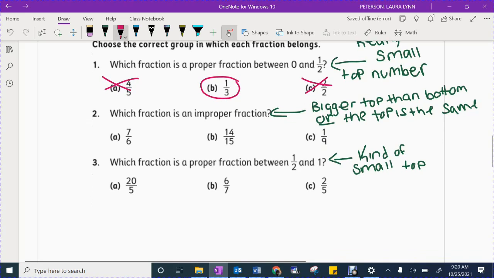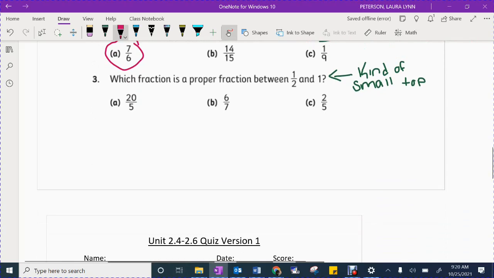Question 2, this one wants to just identify immediately which fraction is improper. So our two options for that is either the bigger number is on top compared to the bottom, or the top is the same as the bottom. So you should be able to identify that pretty quickly, and it would be part A.